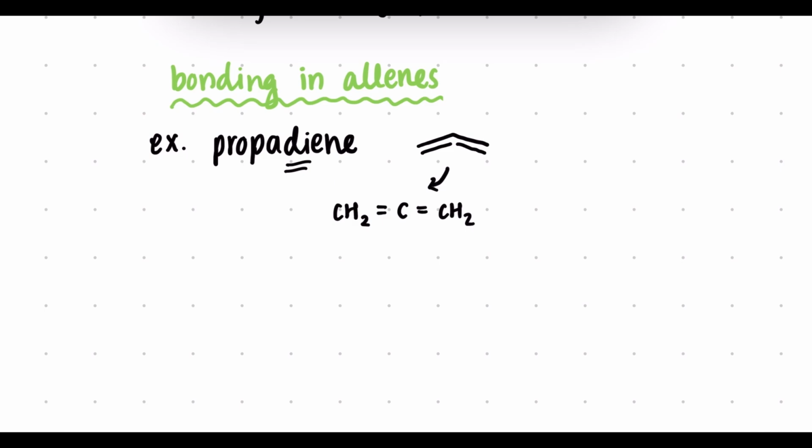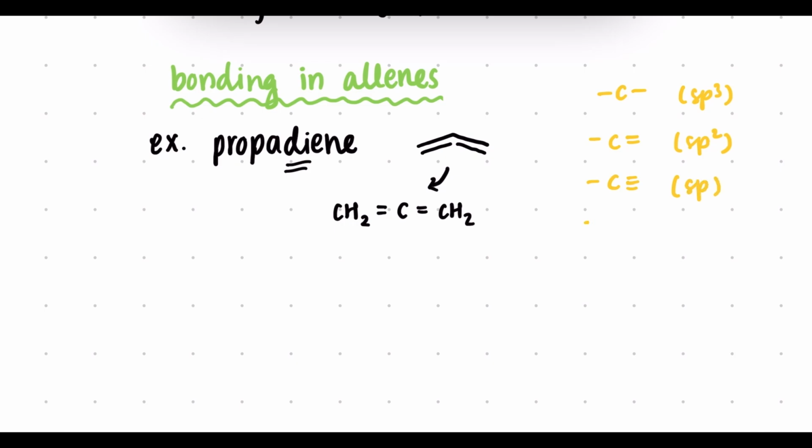Now let's check the hybridization of these carbons. So just a quick thing to remember, when a carbon is single bonded, it's sp3 hybridization. When there's a double bond somewhere, then that carbon would be sp2. When there's a triple bond, that carbon would be sp.